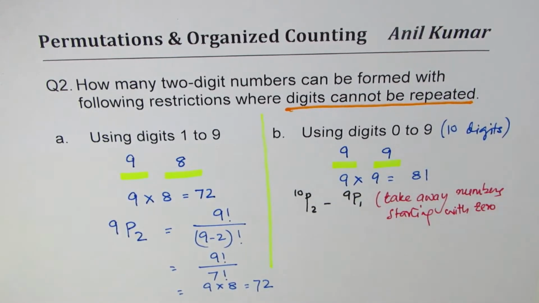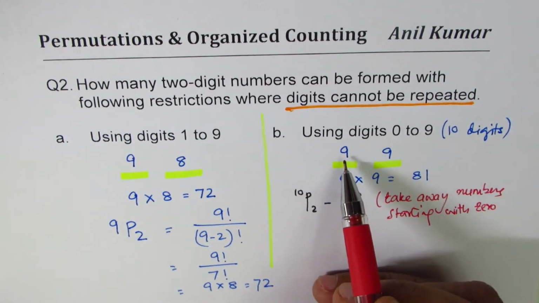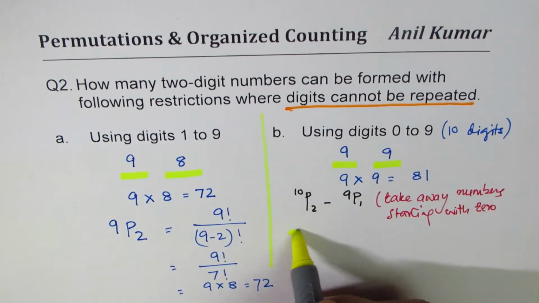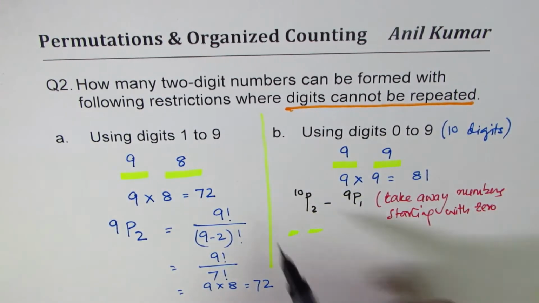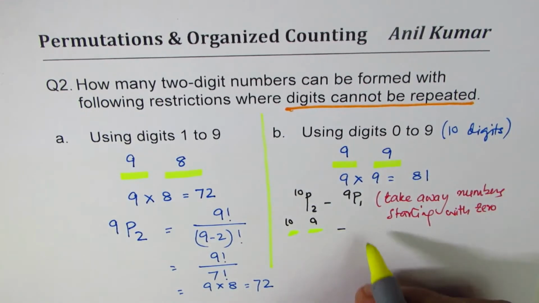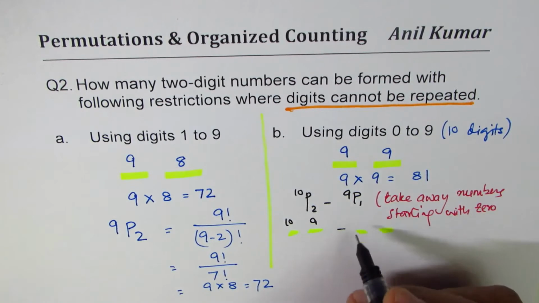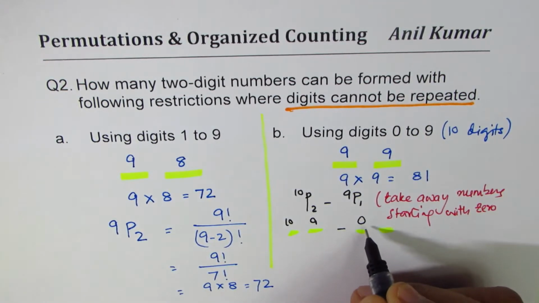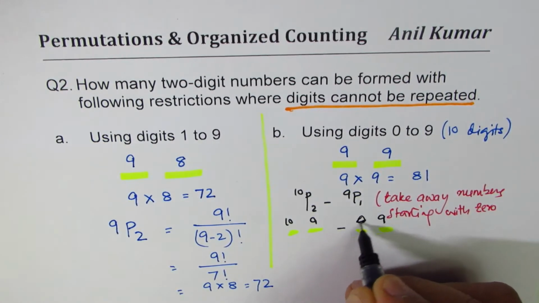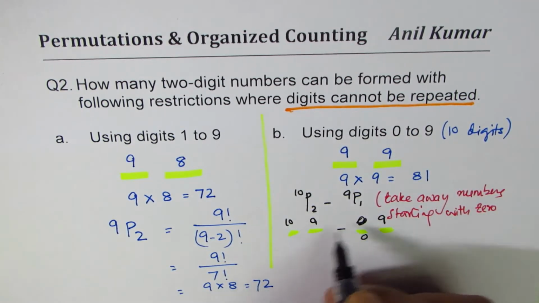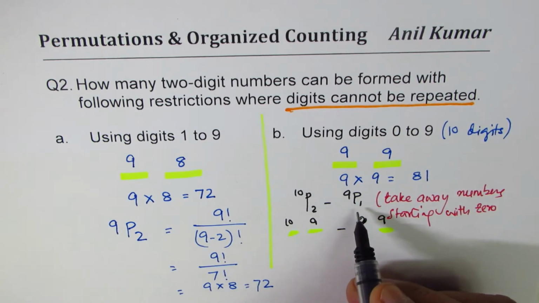We place 10 digits here and 9 here, and take away those where we start with 0. So 0 is fixed, and here we have 9 options. I should have written: start with 0. So we just fix this. That becomes 10P2 minus 9P1.